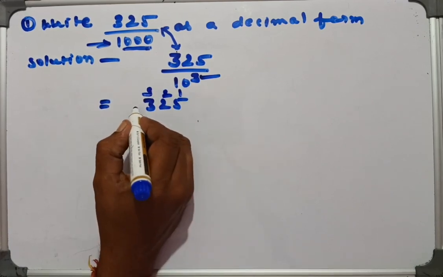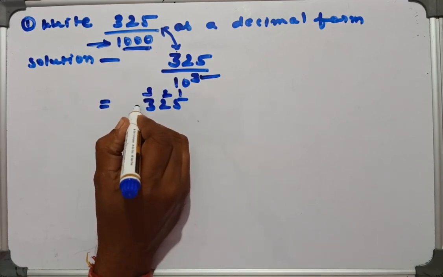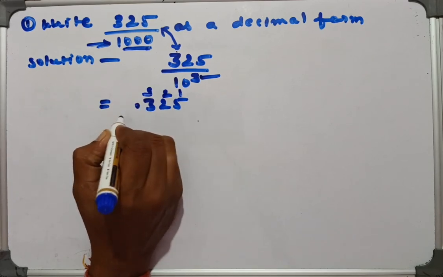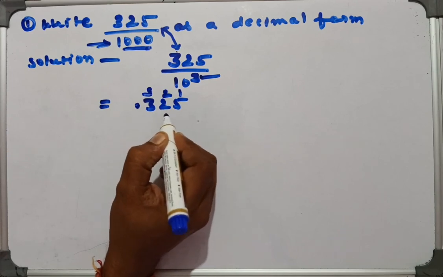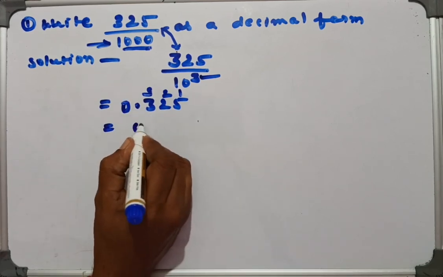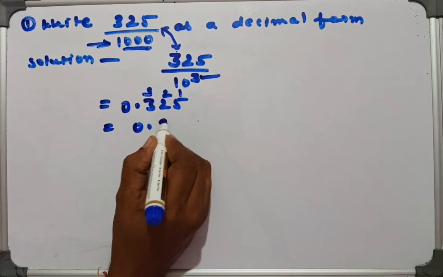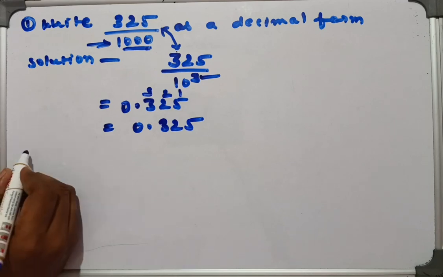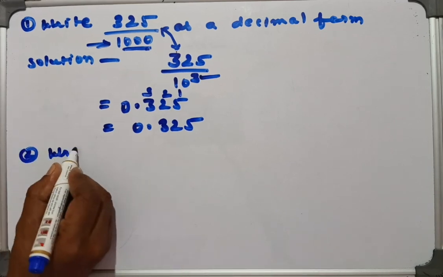Then we stop and put a dot here. This is not a complete solution, you have to put a 0 here. So the final answer is 0.325.